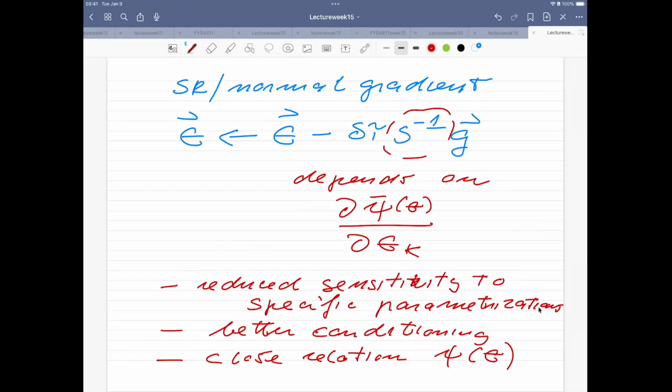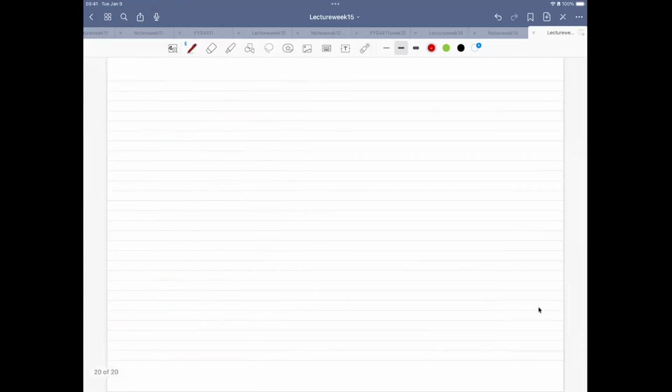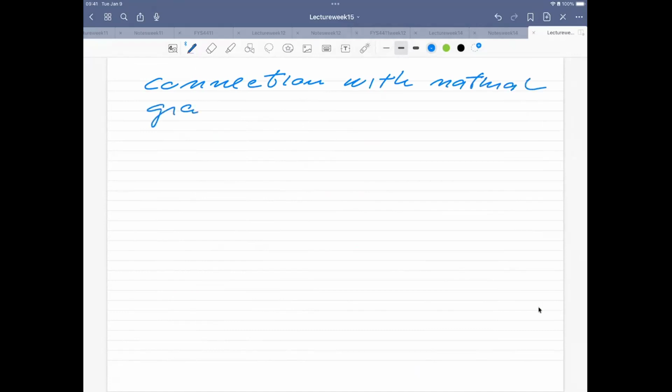So if you now look at the square distance between normalized states, this is actually a connection to the natural gradient. So let me just bring that up. Connection with natural gradients. So let me just mention that.